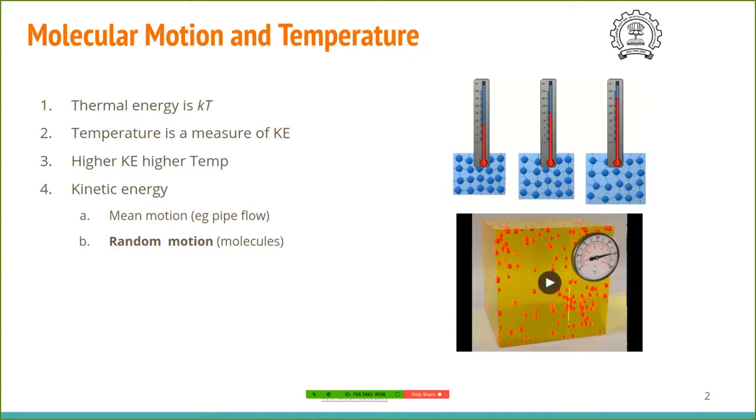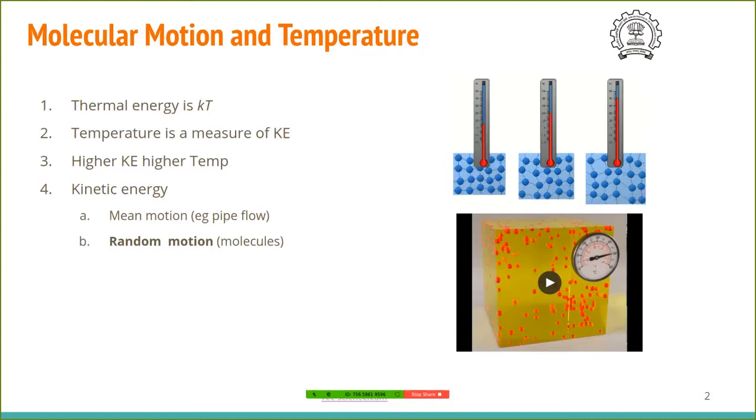So you see a pictorial depiction here. The molecules, on average, are stationary. That is, this box does not have a mean motion, but around a point they are all moving randomly. This fluctuation kinetic energy is what is related to temperature.